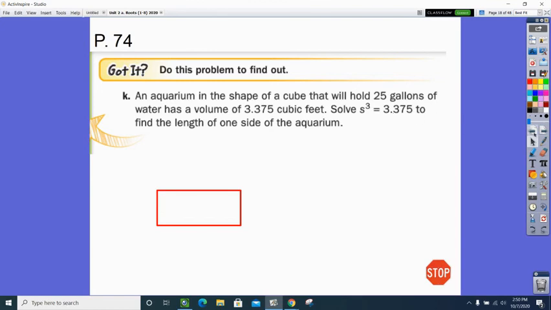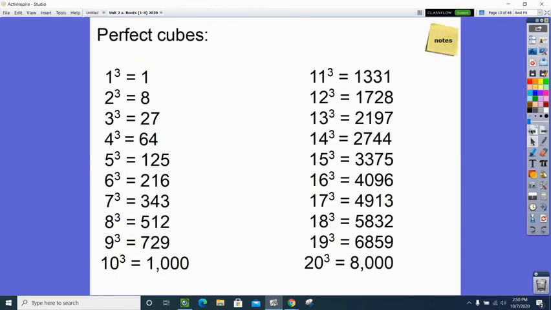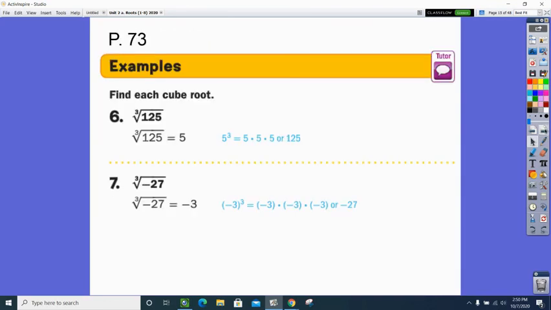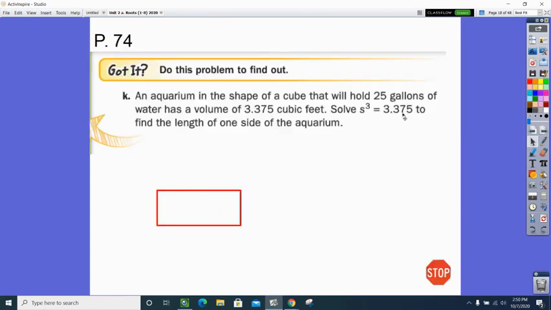3375, there's a decimal. Let's worry about the decimal in a minute, but let's go back looking for 3375. Do you see it? If it had been 3,375, the answer would have been 15. But remember, there's a decimal in here. Since we're doing cubic, we're looking at 3 places.